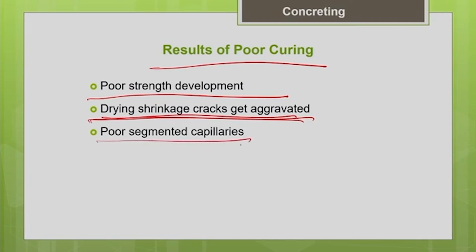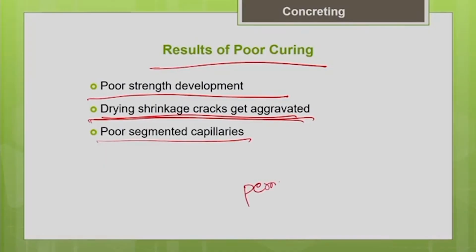And poorly segmented capillaries: when you do curing, it facilitates the hydration process, and all your capillary pores get filled with the hydration products. As the pores are filled, they get segmented, and the permeability of concrete is reduced.